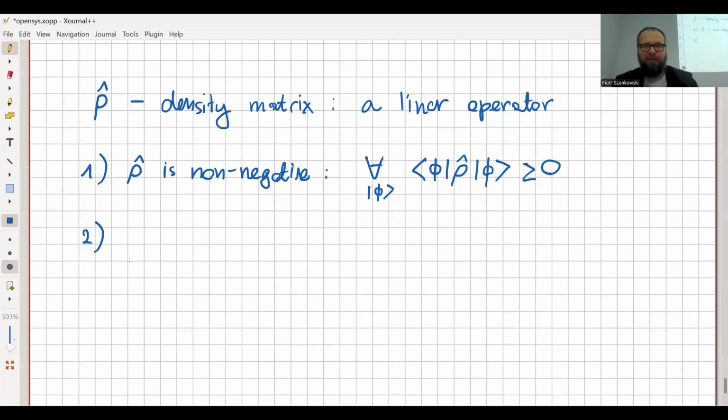Second thing, rho is Hermitian. So if you take a dagger of rho, rho is reproduced, which tells us that its eigenvalues are real numbers.